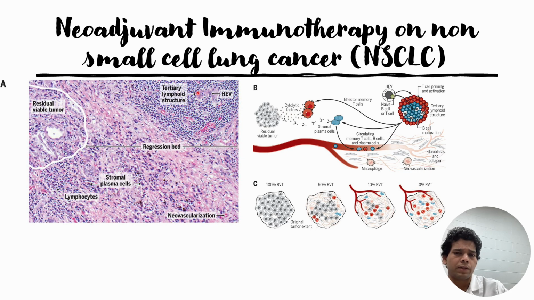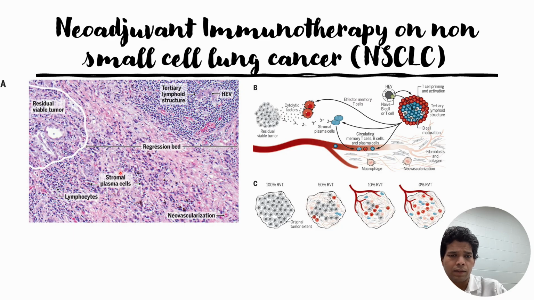Here the HEV has been identified, so it is able to suppress these tumor sites and these tertiary lymphoid structures. The HEV is usually found in tertiary lymphoid structures because its role is also to traffic lymphocytes to the site of the tumors.